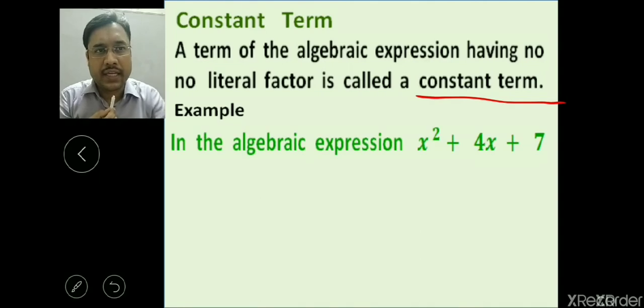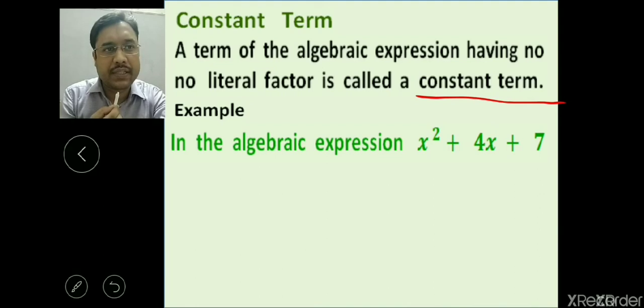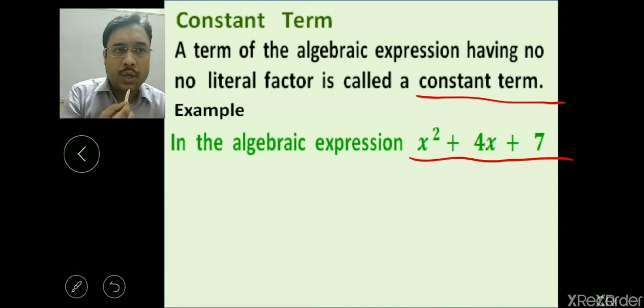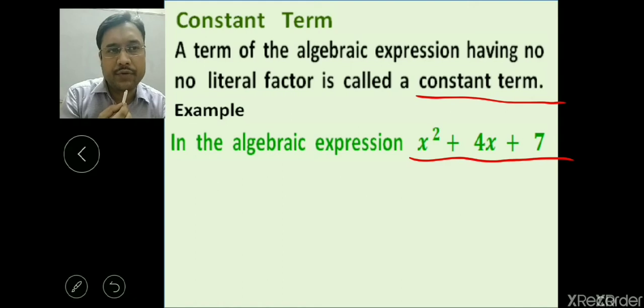Such as in the algebraic expression x square plus 4x plus 7. This is an algebraic expression of three terms: first is x square, second is the 4x term, and the third term is 7. In this you can see 7 is the term where the variables are not present.